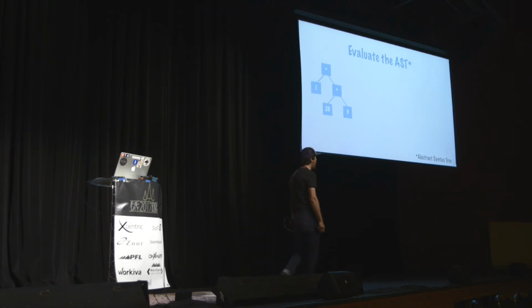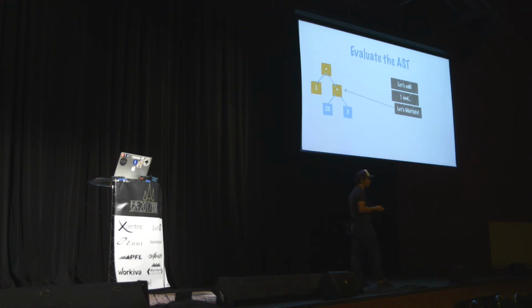Once we have this AST structured in this way, then it's pretty straightforward to execute it to get the value out of it. What we'll need to do is walk this tree. We're going to start at the very top of it. And since it's a plus, we're going to say, all right, let's add some stuff together. As we continue to walk down this tree, we get to the node below it, or a leaf. All right, we're going to add 1 and something else. And then it's a little bit of a problem. We can't just add 1 and a times, so we've got to go deep into this. We've got to walk down that tree and evaluate what this times expression is going to come out to be. So now we know we need to multiply.